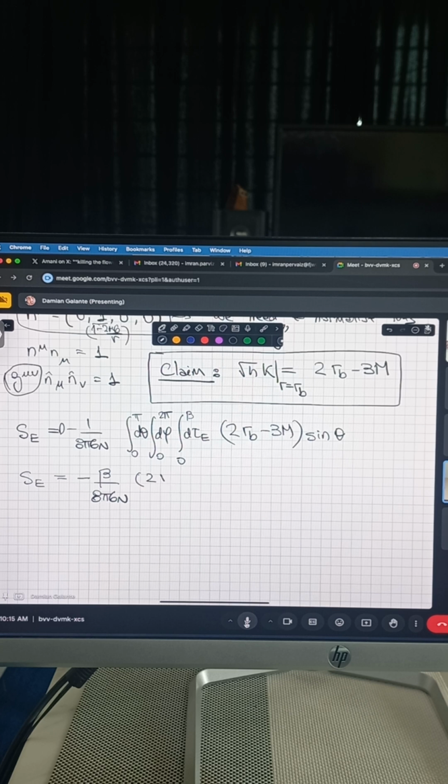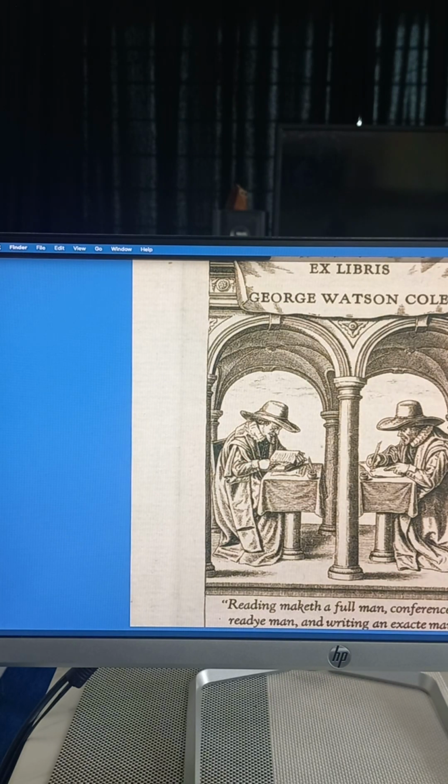Sorry, I'm just doing this because I don't have my notes, so I don't have the answer. And there should be something, yeah, I think, well, up to some constant, I think it's a 2 appearing here. So check, but up to a number, this is the answer for the Euclidean action.